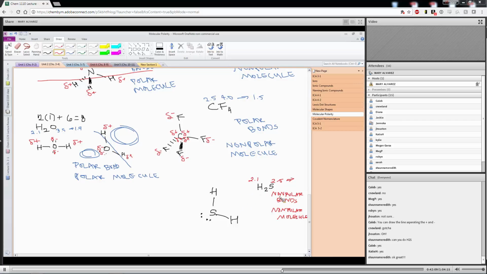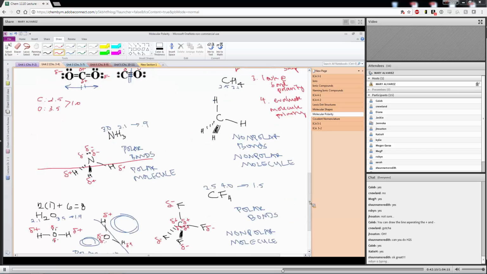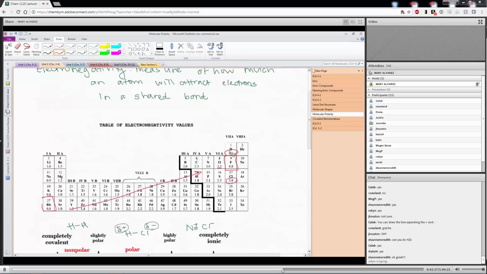Now having said that, I will tell you that there is a bit of an exception whenever we stick hydrogen, which is this teeny atom up here, with anything that's in the third row or below. So like with sulfur or phosphorus or even bromine, selenium, the fact that you have something that's so tiny paired with something that's so big, you just can't share very well. You don't have very good atomic overlap.